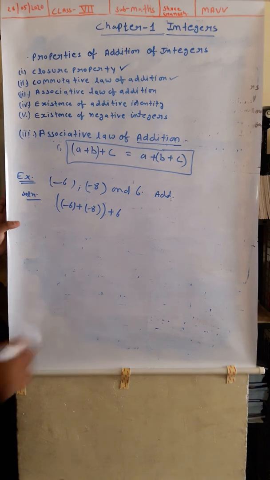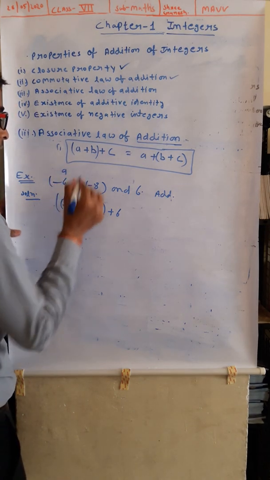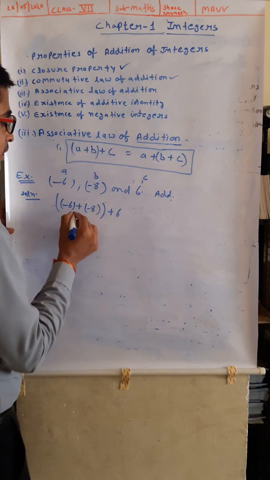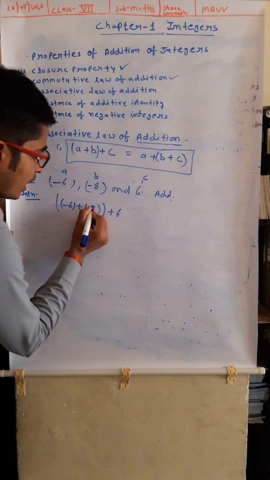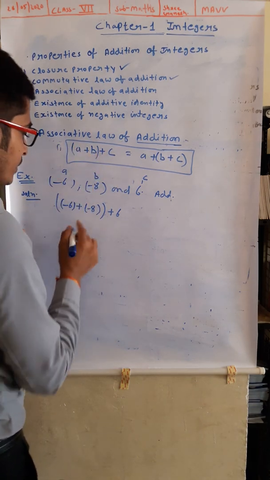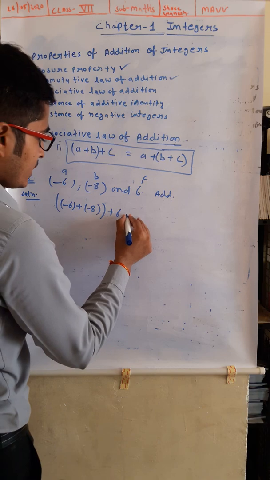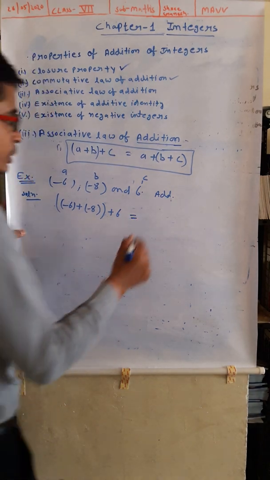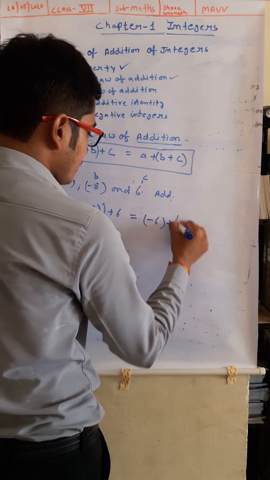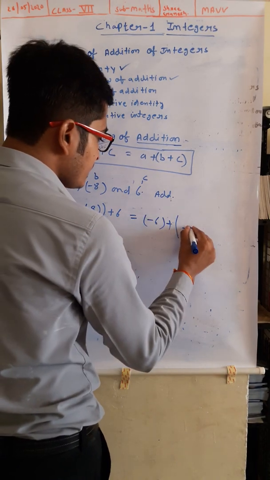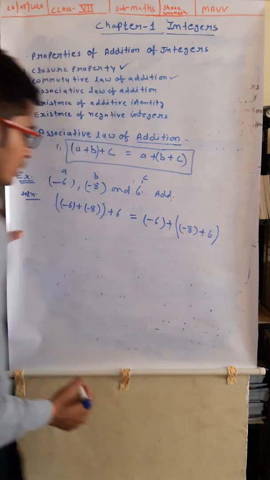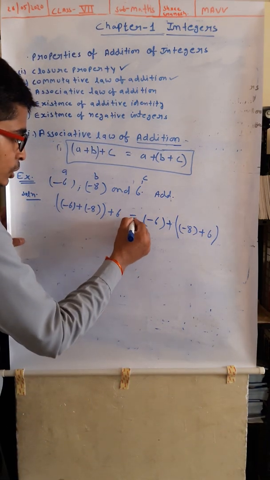Here minus 6 is A, minus 8 is B and 6 is C. So put these in the order A plus B plus C. So this should be equal to A, which is minus 6, plus bracket B, which is minus 8, plus 6. Let us see if it is equal to this or not.